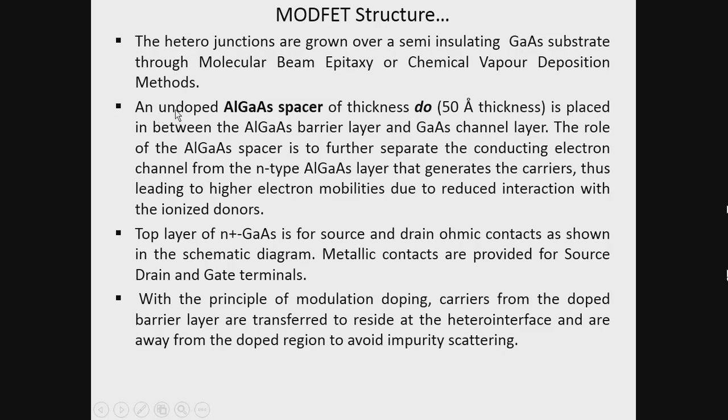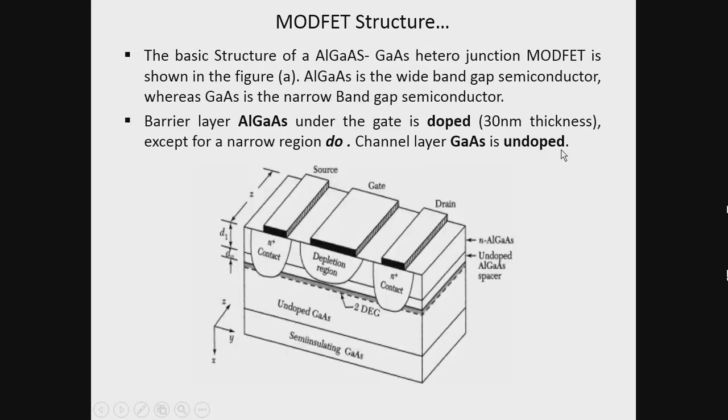An undoped aluminum gallium arsenide spacer of thickness D0, that is approximately 50 Angstrom thickness, is placed between the aluminum gallium arsenide barrier layer and gallium arsenide channel layer. That is what we have seen here. So this is D0 and this is the spacer, and the spacer is actually in between the n-type aluminum gallium arsenide and the channel layer undoped gallium arsenide.